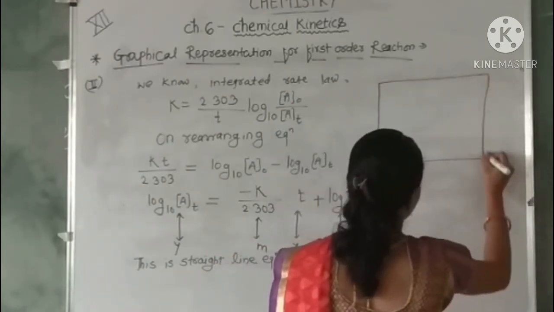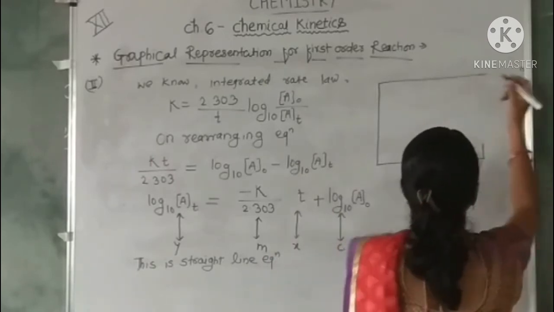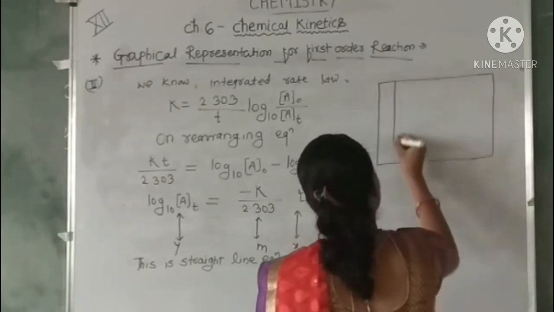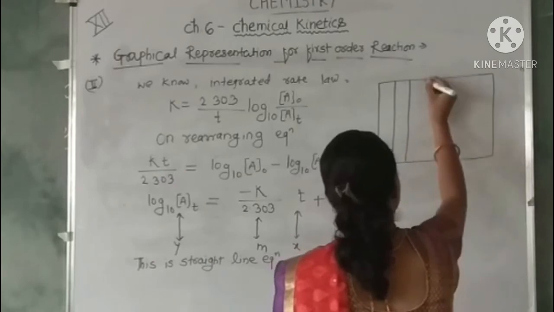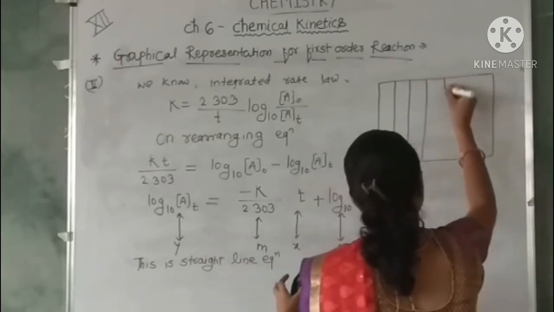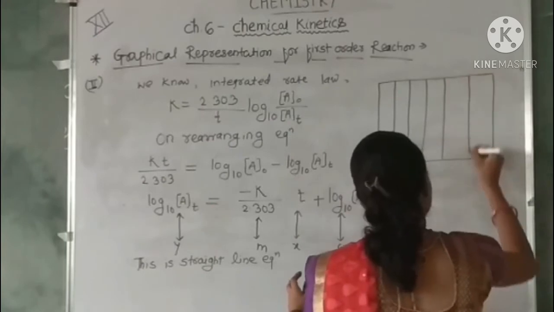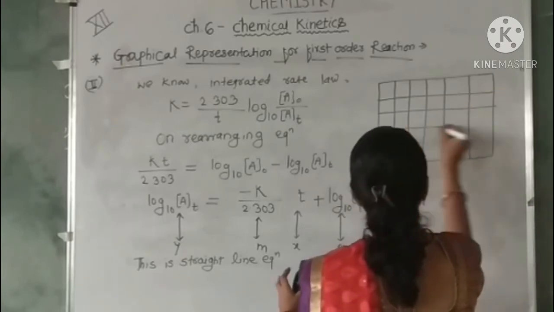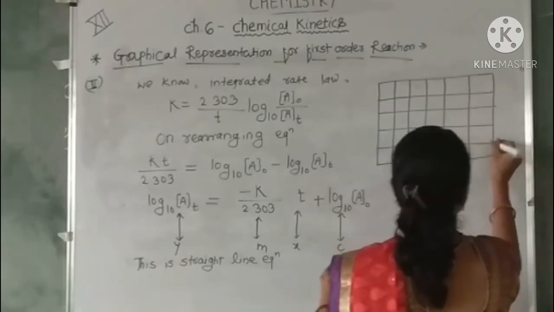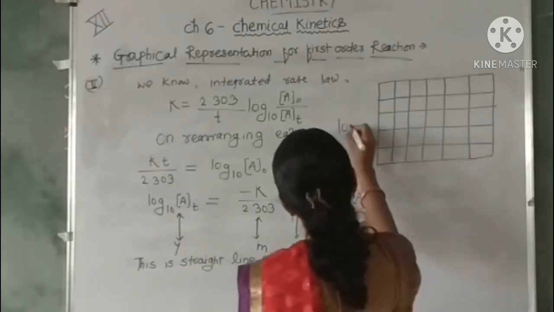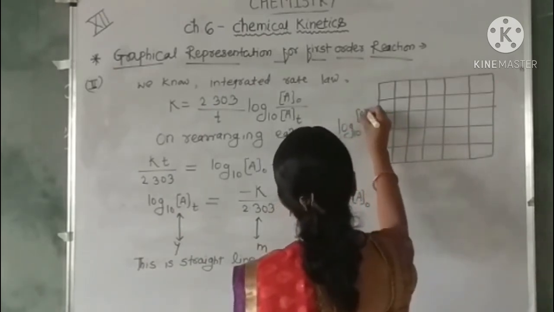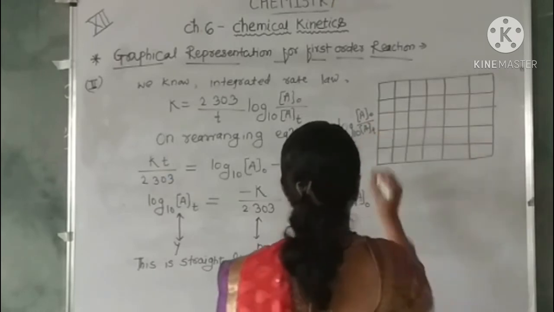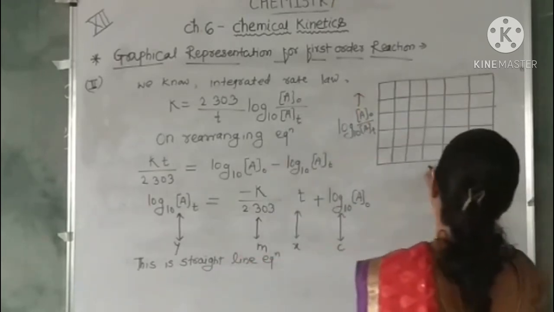If we plot log to the base 10 of initial concentration upon final concentration, we have to draw the straight line because we get the straight line from the equation y is equal to mx plus c. So we have to plot the straight line on the y-axis, log to the base 10 A0 upon At, versus time.